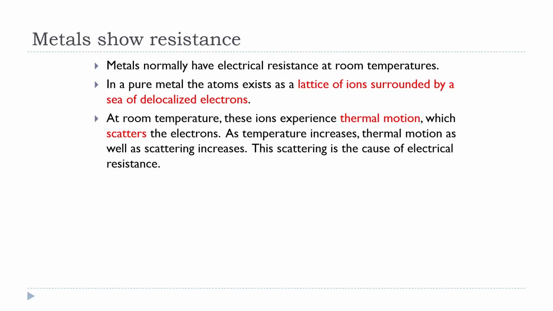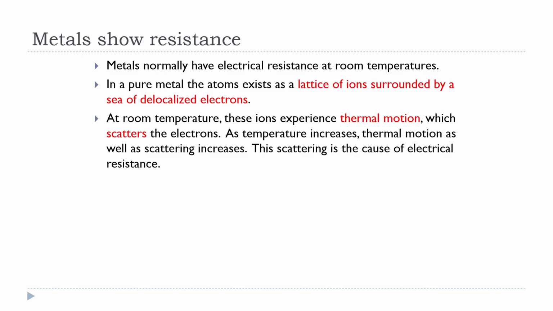Now, metals usually show resistance at room temperatures. This is because in metals there is a surplus or excess of electrons present in that material, in that lattice, along with the atoms or ions of that material.